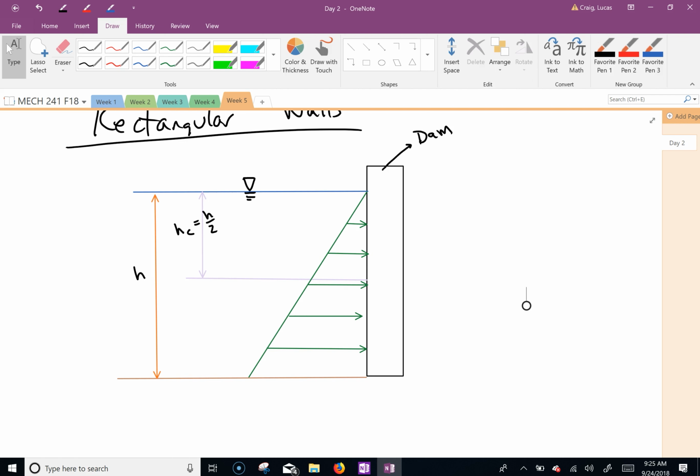What's acting around this? Atmospheric pressure on this side, and it's also acting on this side. You see, atmospheric pressure acts this way, but then it acts the other way. What happens to those? They cancel.